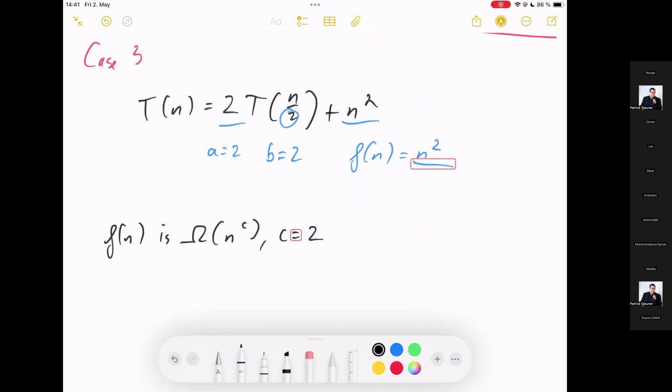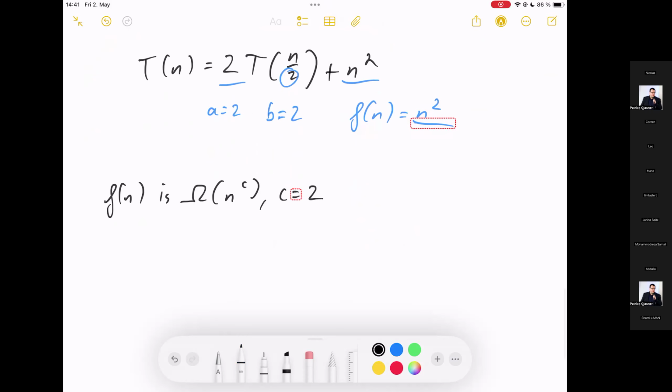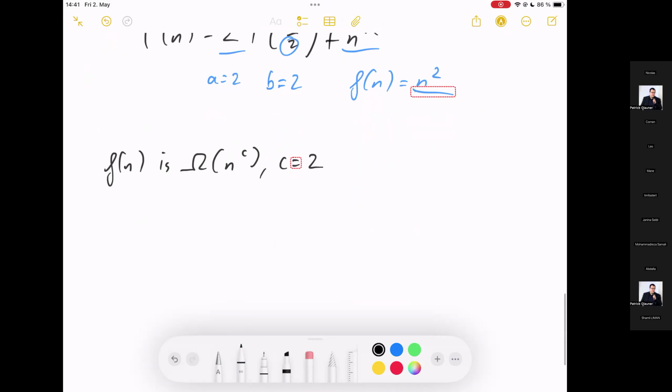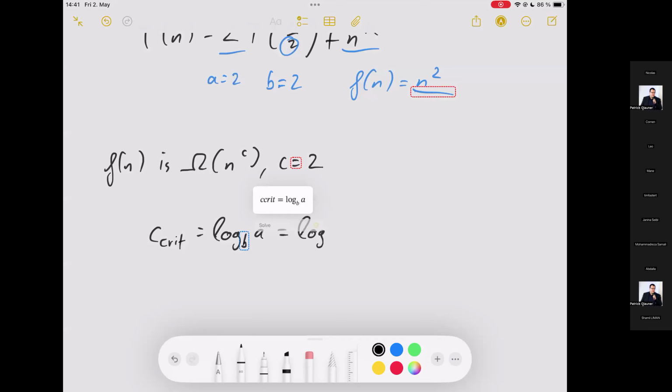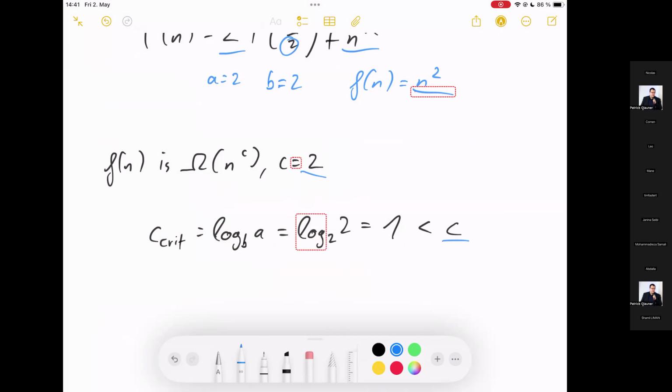And now let's see if we actually satisfy case 3 and its conditions. So the critical exponent is log b of a, and that means again the binary logarithm of 2, which is 1, and 1 is less than c, because c is this 2.